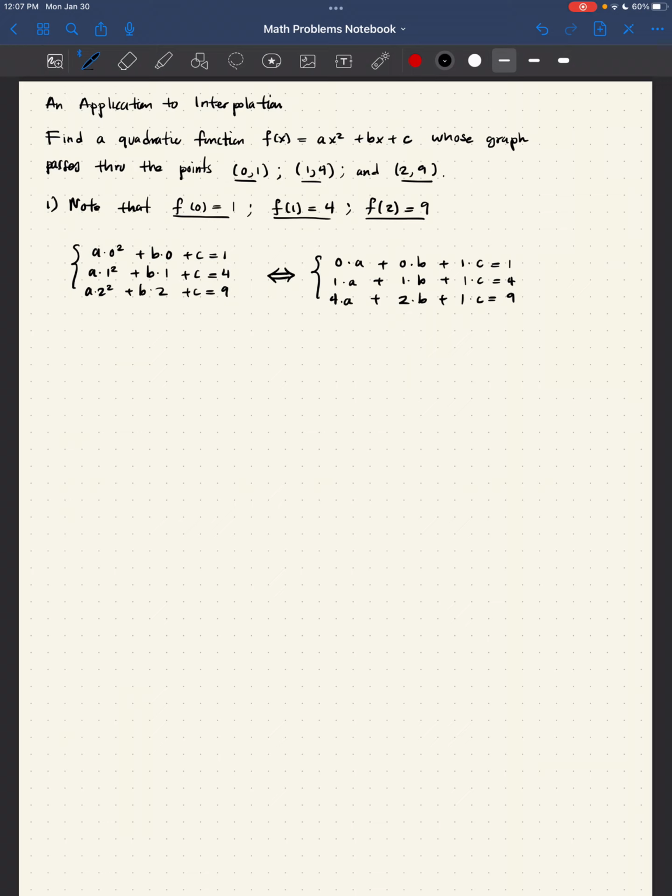And what happens here? Well, here we have 3 equations and 3 unknowns, the unknowns being a, b, and c, the coefficients associated with this polynomial expression.